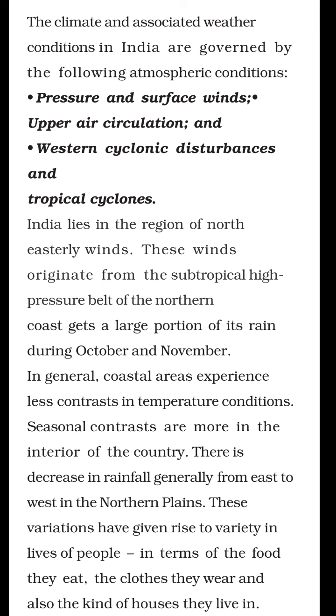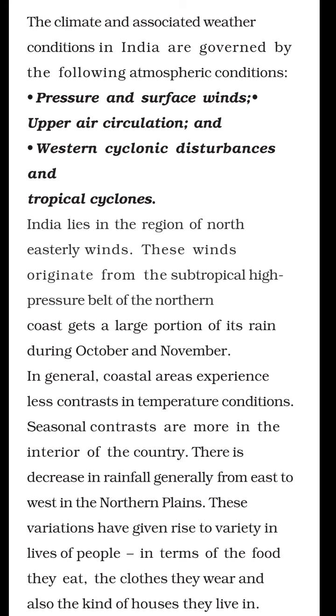Now next comes the western cyclonic disturbance and the tropical cyclone. You all know about cyclones. Most of the time you heard in the news that India was hit by the Katrina cyclone or some other cyclone. The eastern coastal belt was a cyclone prone zone.